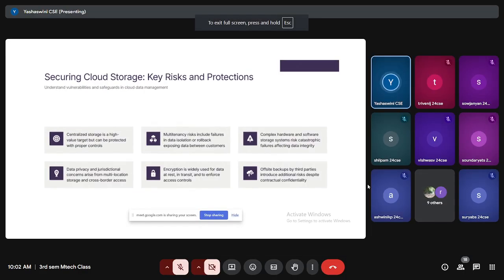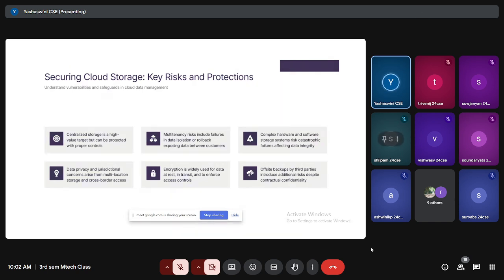Then multi-tenancy. Instead of having only one particular tenant accessing your resource, you can provision multi-tenancy. This risk can involve data failures, isolation issues, or rolling back the data from customers. So this is one of the key risks.